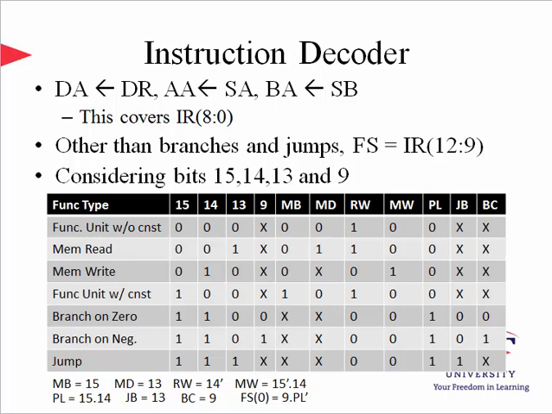PL is the 15th bit ANDed with the 14th bit, and finally JB and BC are given by the 13th and 9th bits of the instruction. These expressions or functional relationships can be derived from this truth table.